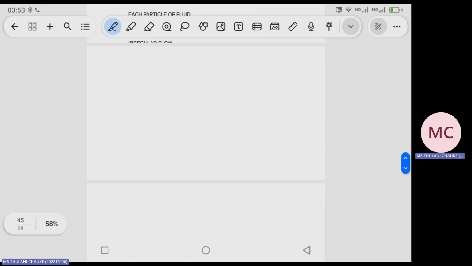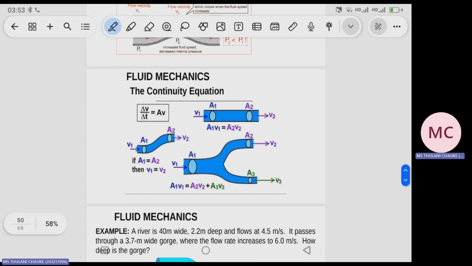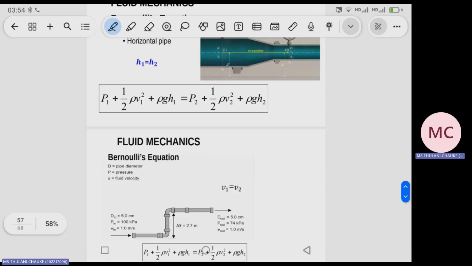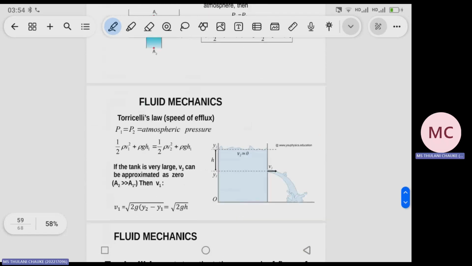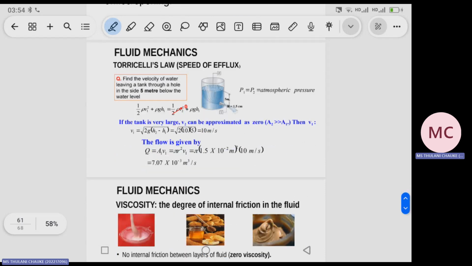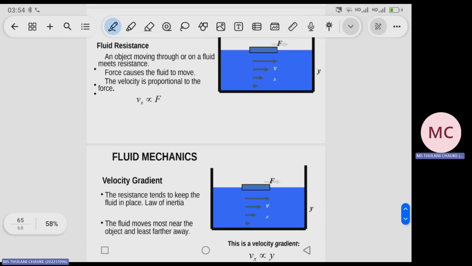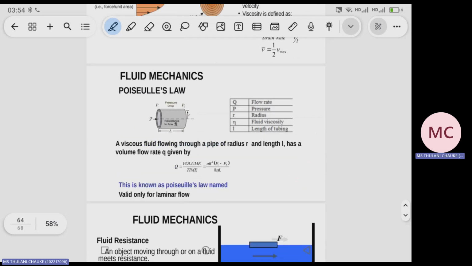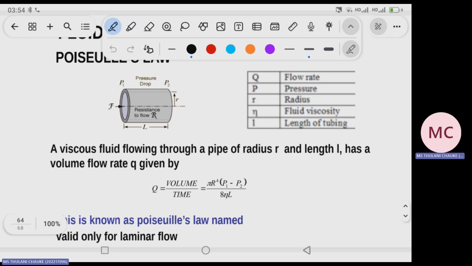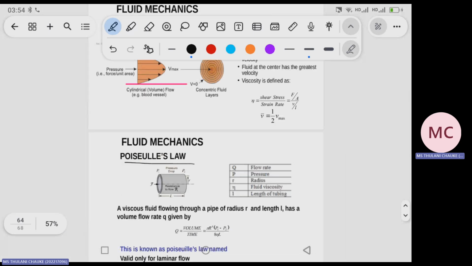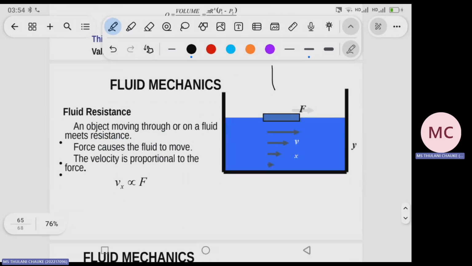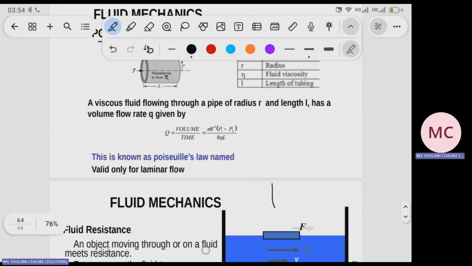You have to understand the types, the Bernoulli, the Torricelli. We have viscosity, and Torricelli's law. So here it's all about knowing how fluids are flowing using different equations, and we'll be measuring different things.